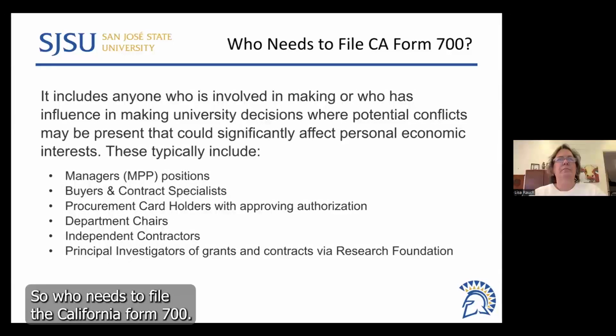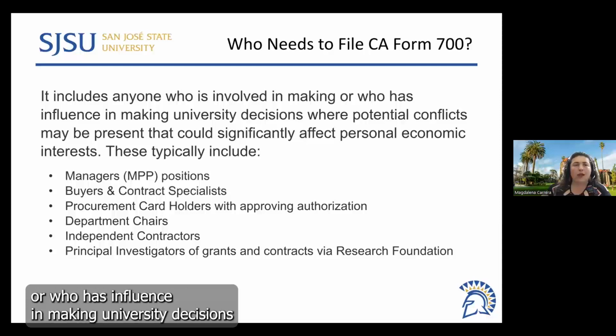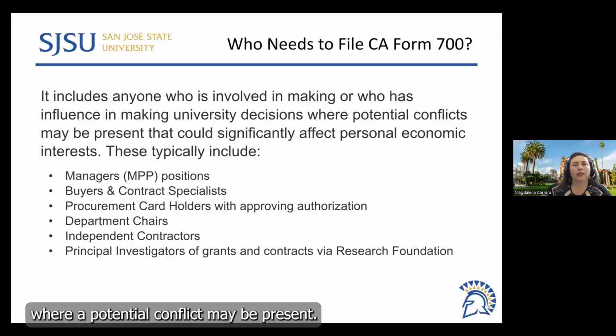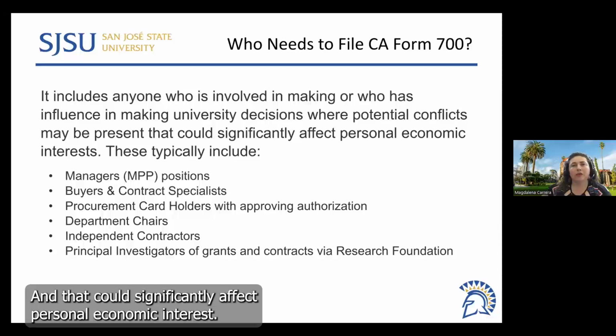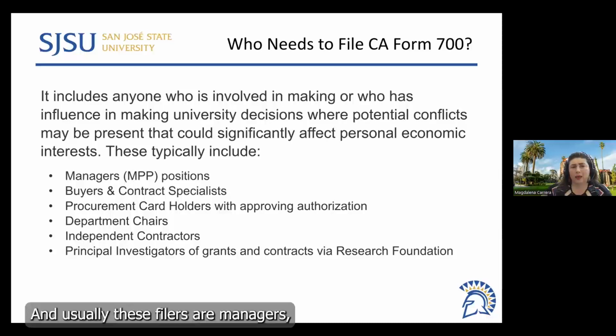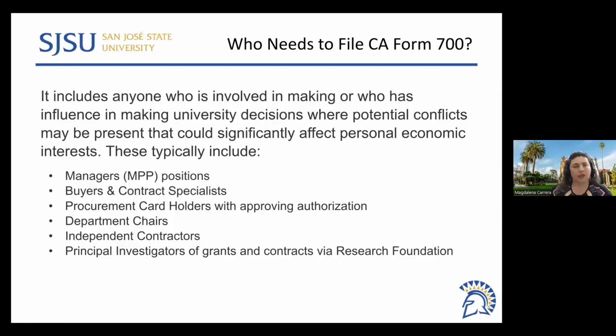So who needs to file the California Form 700? Basically it includes anyone who's involved in making or who has influence in making university decisions where a potential conflict may be present, and that could significantly affect personal economic interest. Usually these filers are managers, buyers and contract specialists, and procurement card holders, specifically only those with approving authorization.